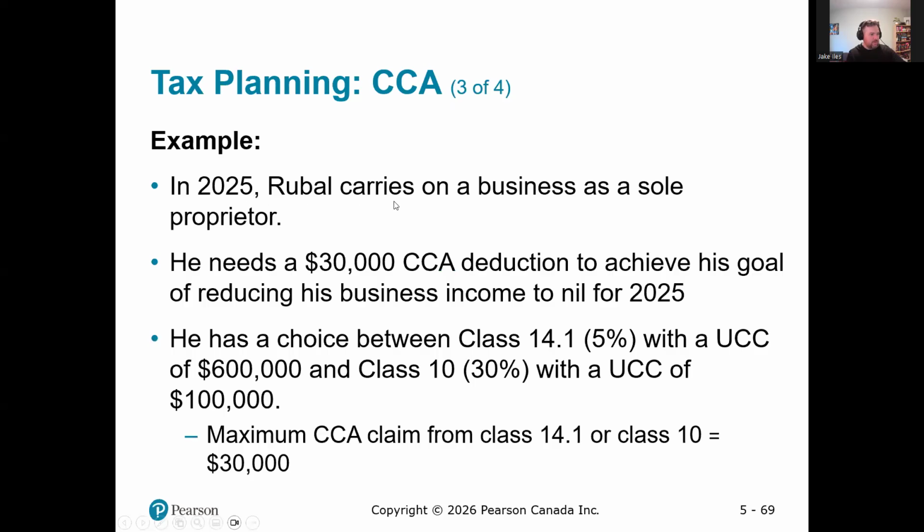So in 2025, Rubal carries on a business as a sole proprietor. He needs a $30,000 CCA deduction to achieve his goal. He can claim from class 14.1, which uses 5% with a UCC of 600,000, or take it from class 10, 30% with a UCC of 100,000. The maximum CCA claim from both classes would be the $30,000 he needs.